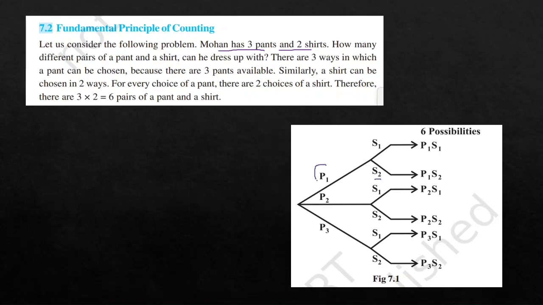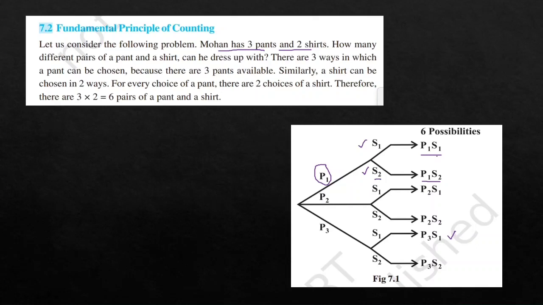So the first pant, as we can see, can go with both the first shirt and the second shirt, which gives us P1S1 and P1S2. And the second pant and third pant also can go with both the shirts. So P2S1, P2S2. And same is for the pant 3.